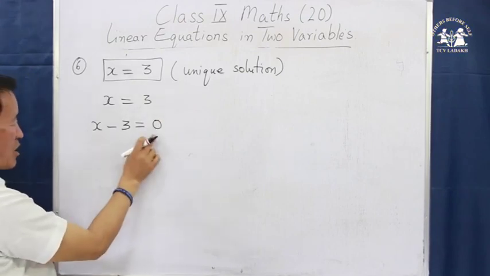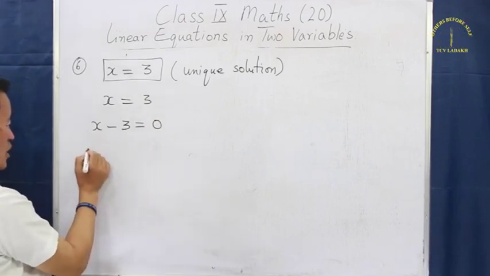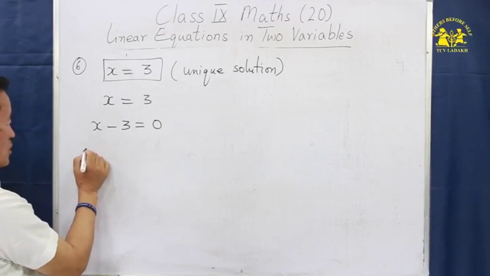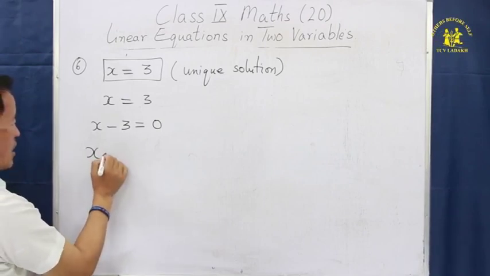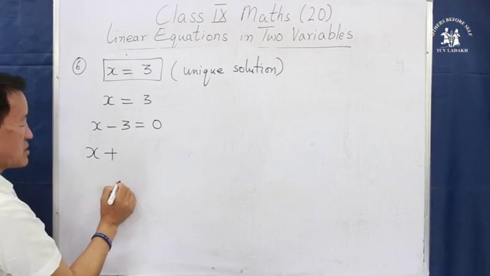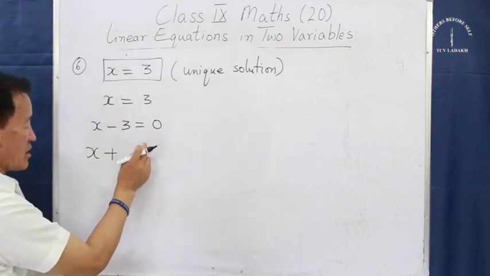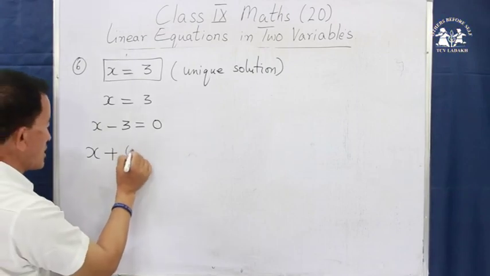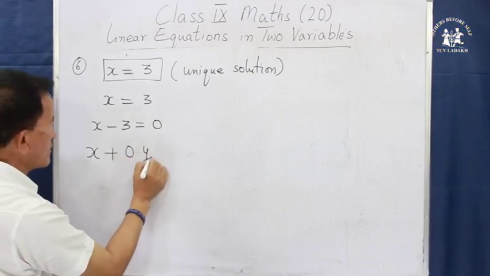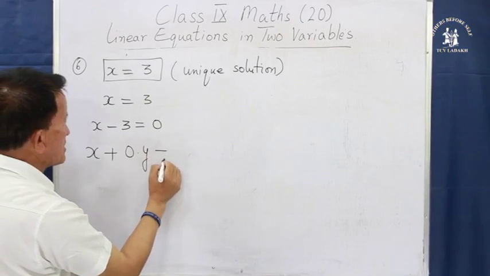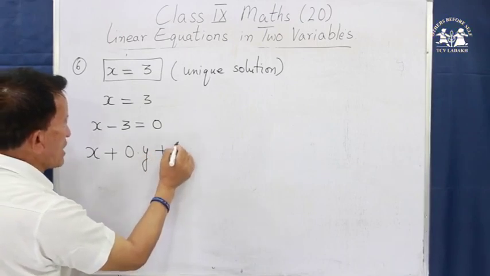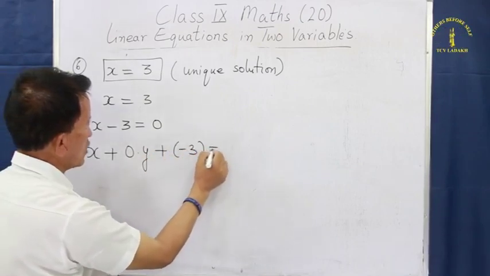Here we have 1 variable. We'll try to express it in the form of 2 variables. How? x plus, since we don't have any terms containing the second variable, we can write it as 0 into y, minus 3, or it can be written as plus minus 3, is equal to 0.